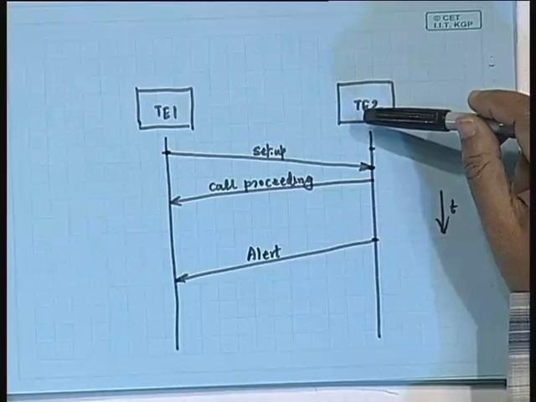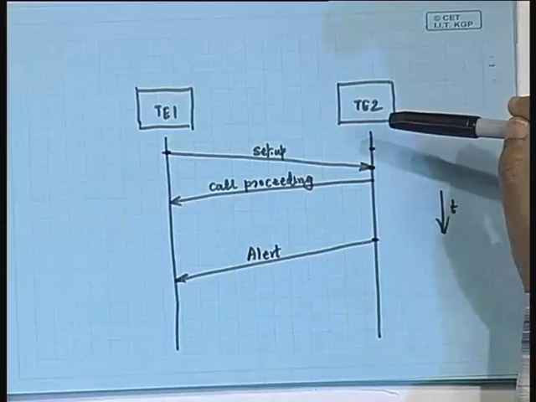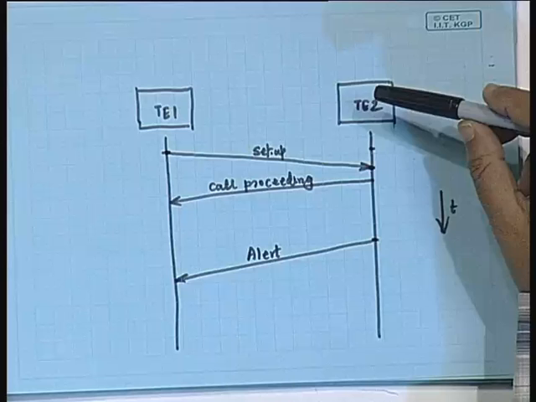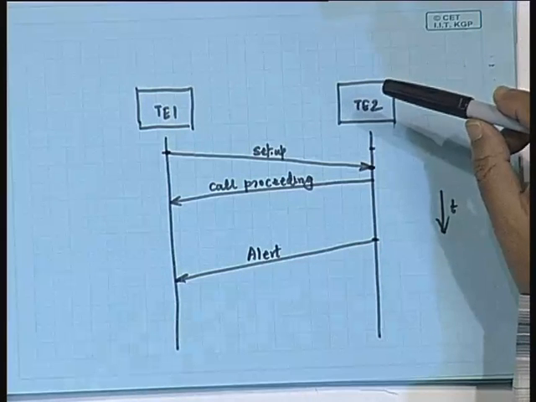So now T1's user is getting alerted that anytime T2's user lifts his or her handset, the call is going to commence.